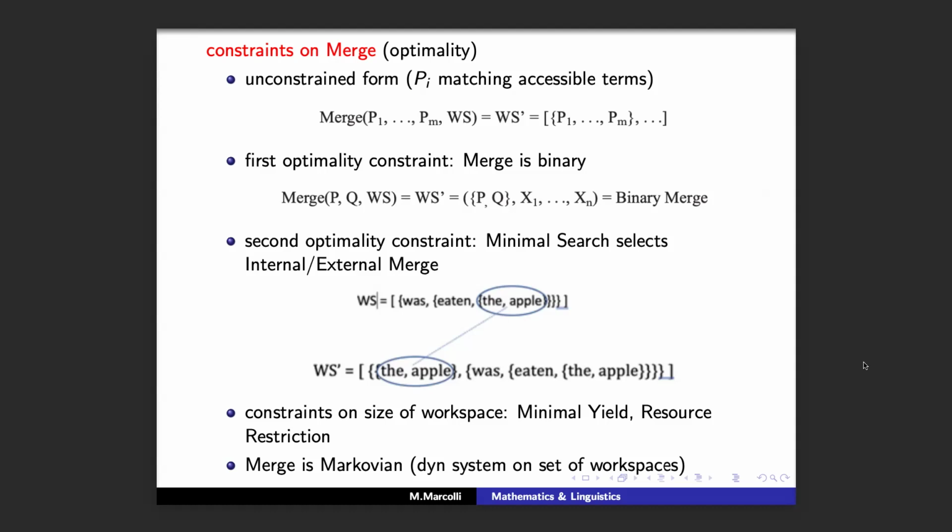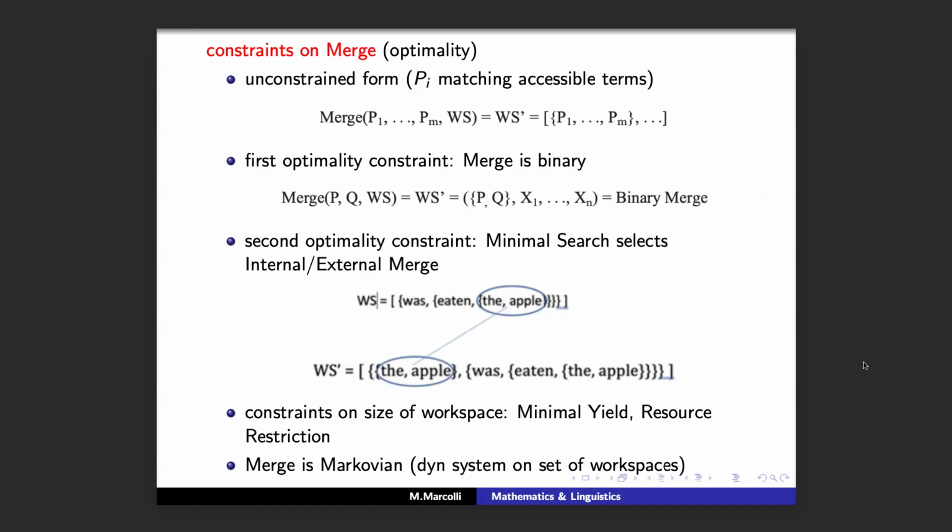This is evident in English, for example, when you make a passive form. I'm not saying anything yet about what this optimality constraint is, and I will explain it more in detail after I give the precise definitions of everything.